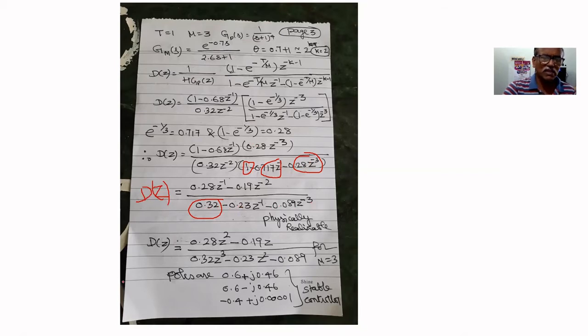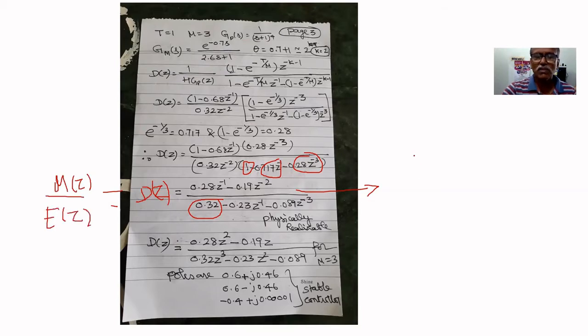What is the meaning of physically realizable? If this is the controller, if you cross multiply this, what you will get? D of z equal to M of z by E of z, controller output by error.